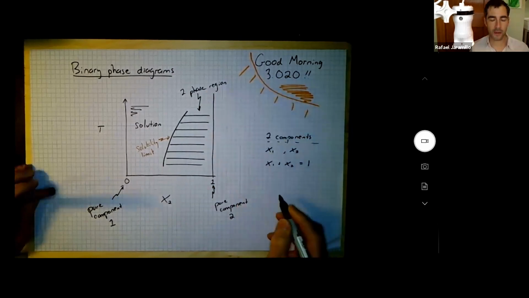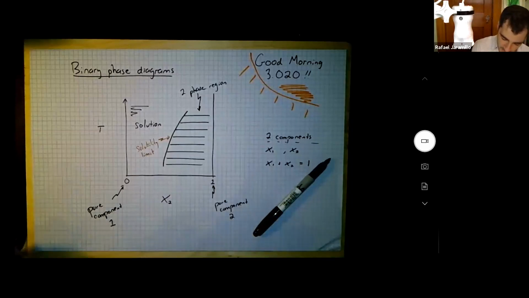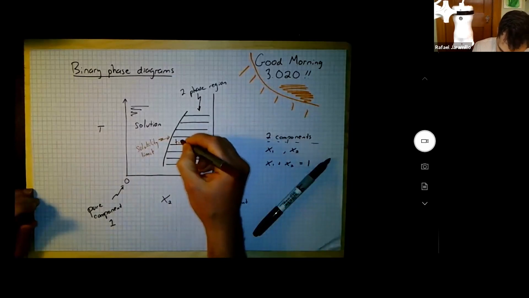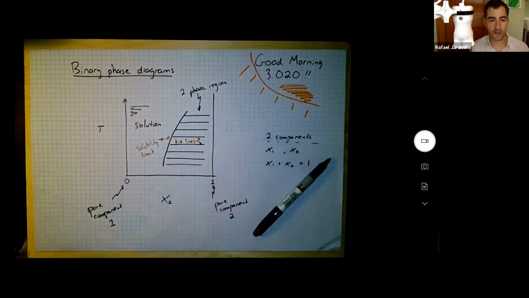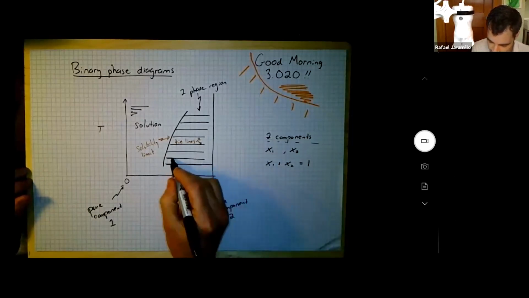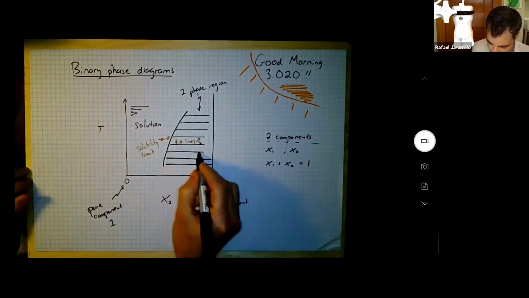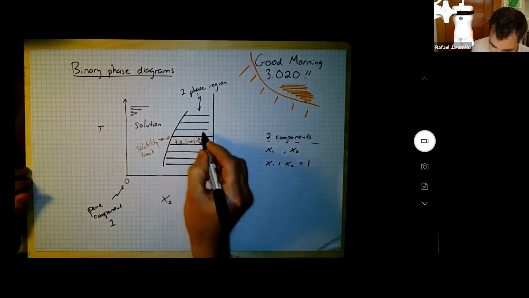Two-phase regions are often indicated like that with something that we call tie lines. Those horizontal lines are tie lines, and what tie lines do is they connect the two phases that can coexist at equilibrium.